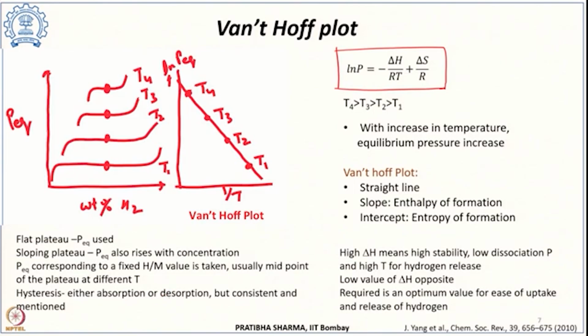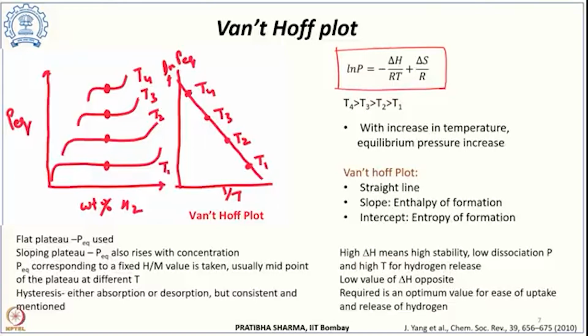If for a particular temperature we have taken the absorption equilibrium pressure, then for the other temperatures also we have to take the absorption equilibrium pressure only, not the desorption plateau pressure, and that has to be mentioned while reporting the delta H value. So, in this way, drawing a van 't Hoff plot, we can get the value of delta H and delta S.